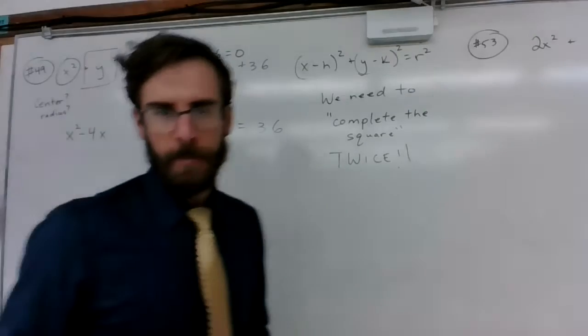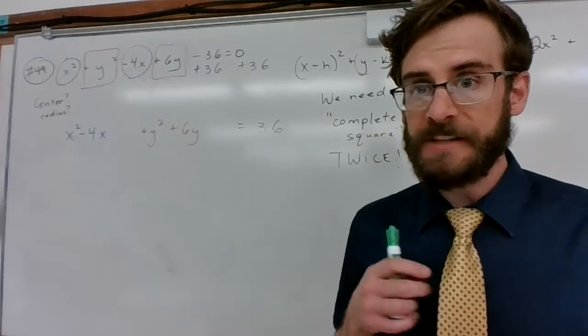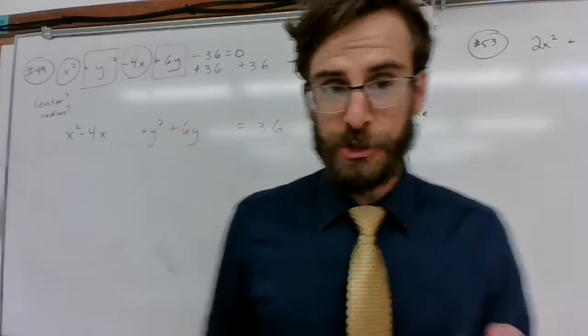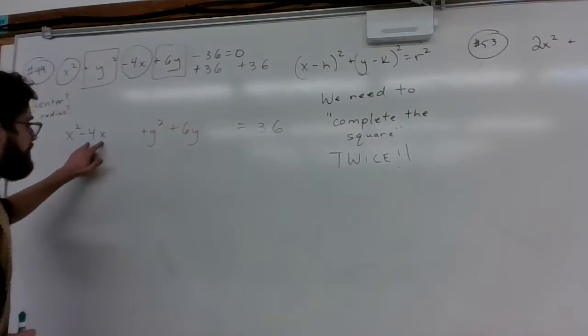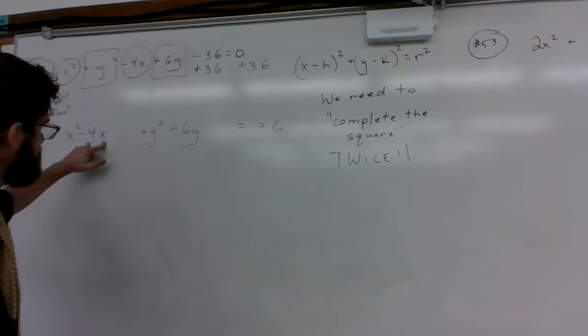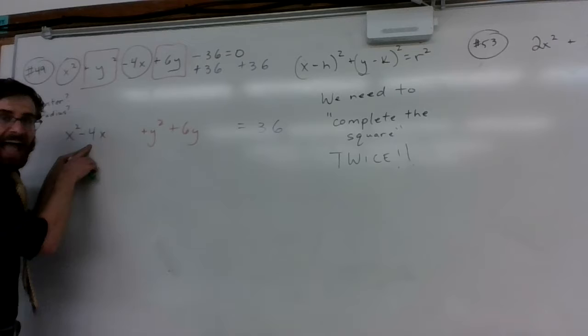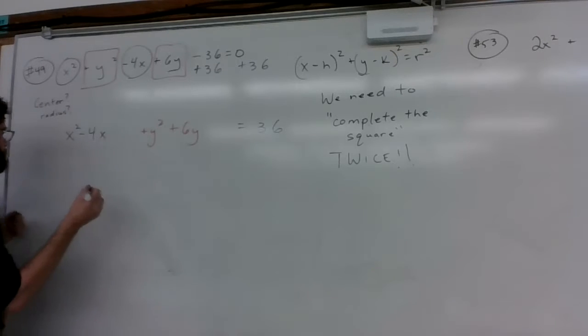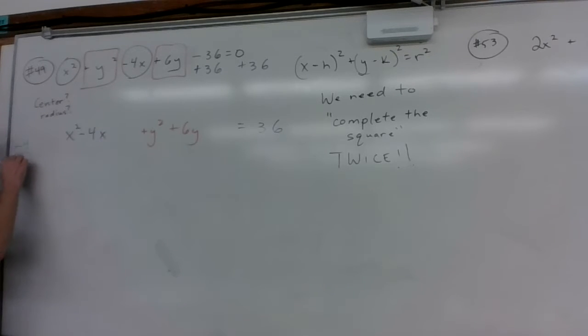Now, I don't know if you guys remember how to complete the square, but it's actually a really quick move. What you do is you take the x term, it's almost like your b term for ax squared plus bx plus c, cut it in half, and then square it.